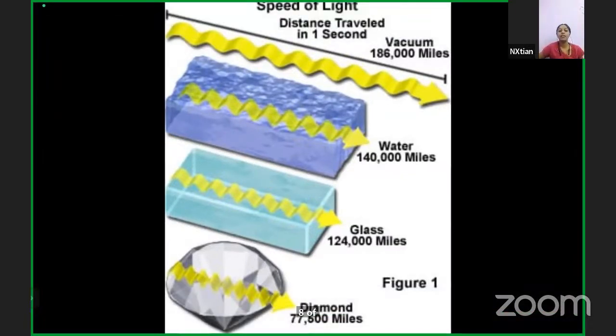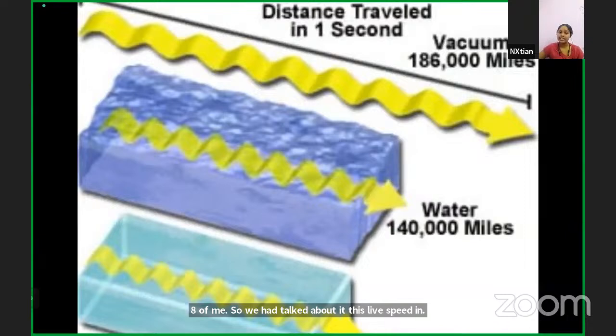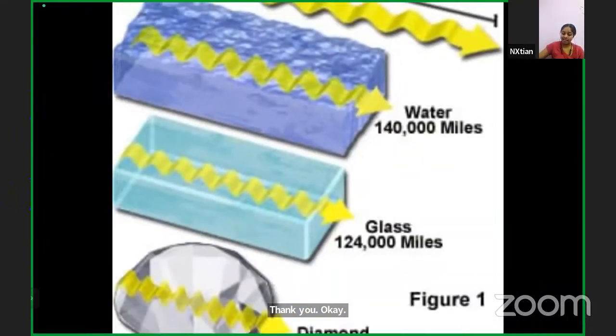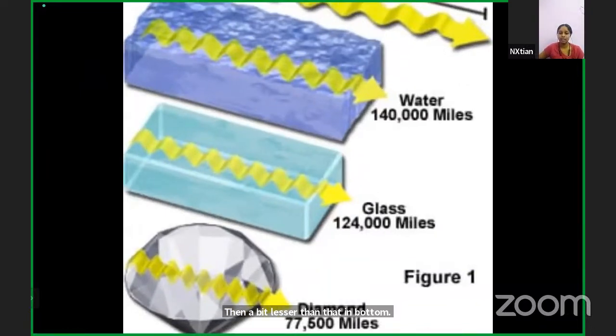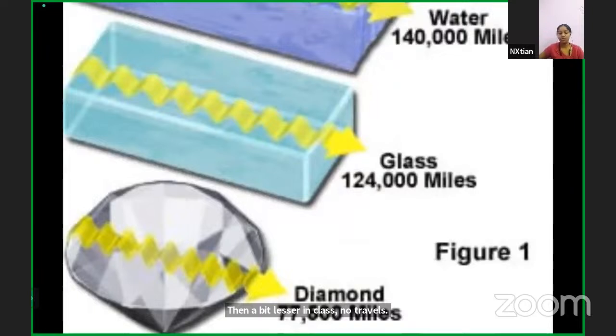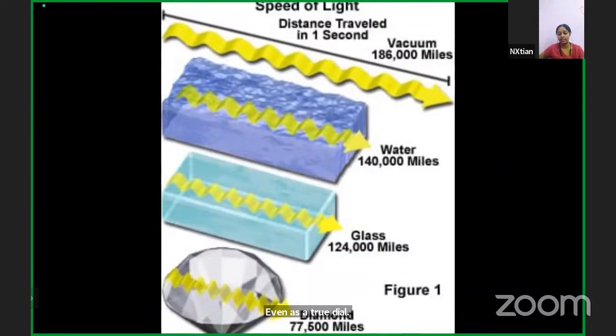Light travels fastest in vacuum. Then a bit lesser than that in water. Then a bit lesser in glass, and then even lesser through diamond. So this is distance traveled in 1 second.